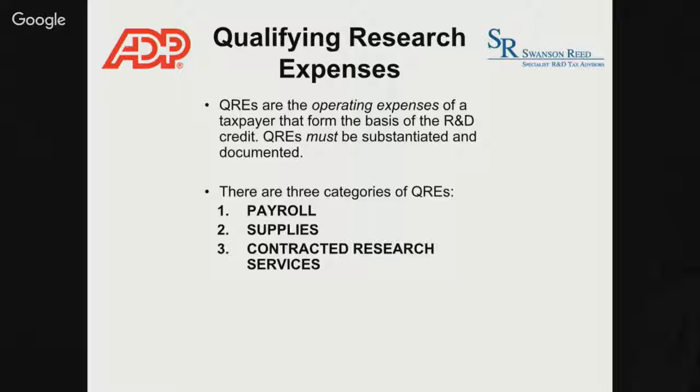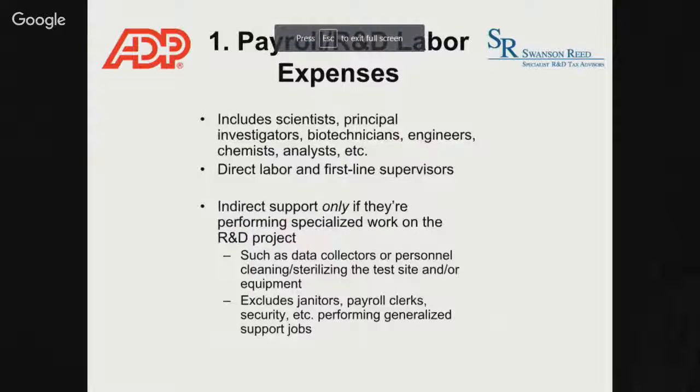So there are three major categories of qualifying research expenses, being payroll, supplies, and contracted research services. So payroll or R&D labor expenses include scientists, biotechnicians, principal investigators, analysts, whoever happens to be working directly on the R&D project. These personnel may not only or always be working on the R&D project.